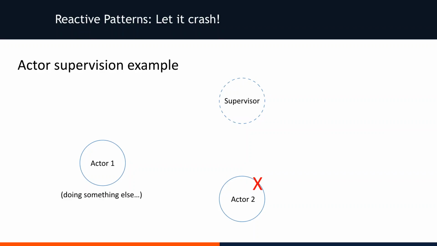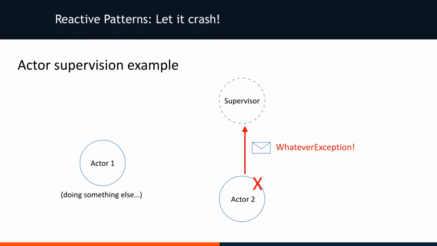Now what happens is that actor 2, as it's doing something, an error occurs, some failure. Now, at this point, instead of trying to deal with it and fix it himself, actor 2 just delegates the failure handling to its supervisor. So it raises an alarm, it sends a message to the supervisor saying, something has happened, an exception has happened.